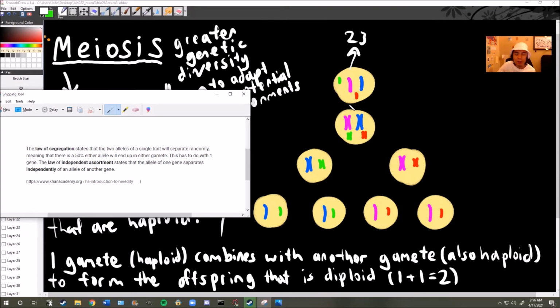And then next we have the law of independent assortment, which says that one allele of one gene separates independently of an allele of another gene. So what this is trying to say is that the alleles segregate, and they are not impacted by each other when they are entering gametes.